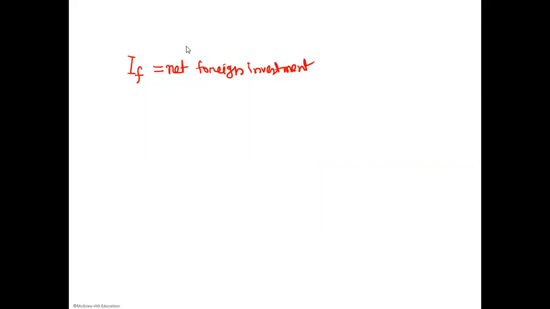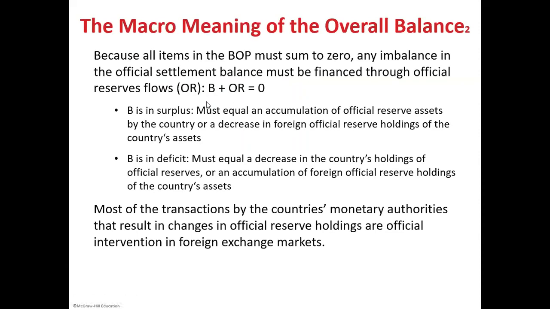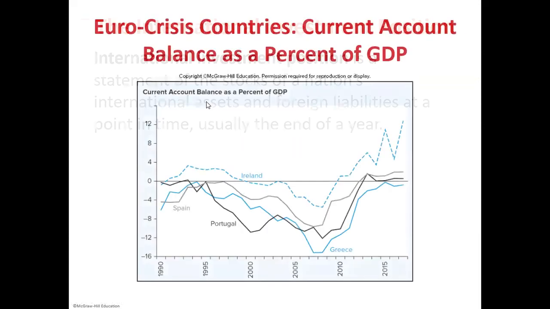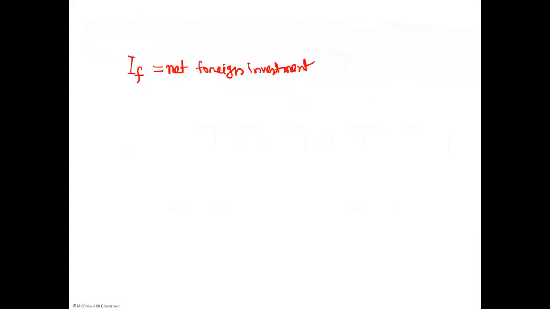So you can recall that we talked about the net foreign investment. It is also used as a proxy or as a measure of the overall balance. So the idea is that we can decompose, or break down, the net foreign investment into two parts. One is private. Another one is official.